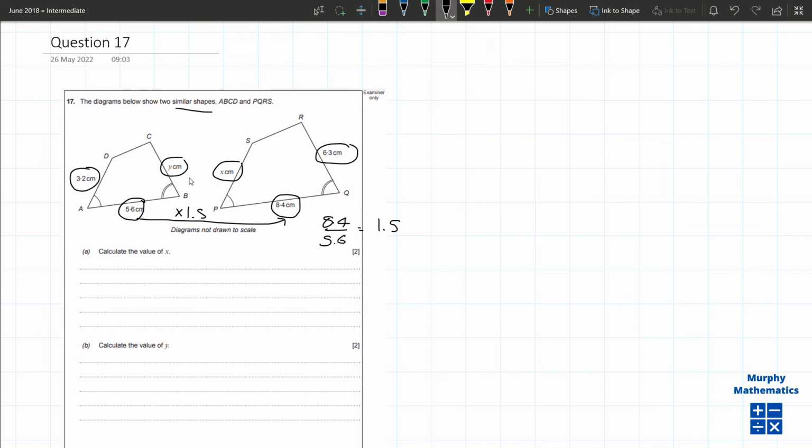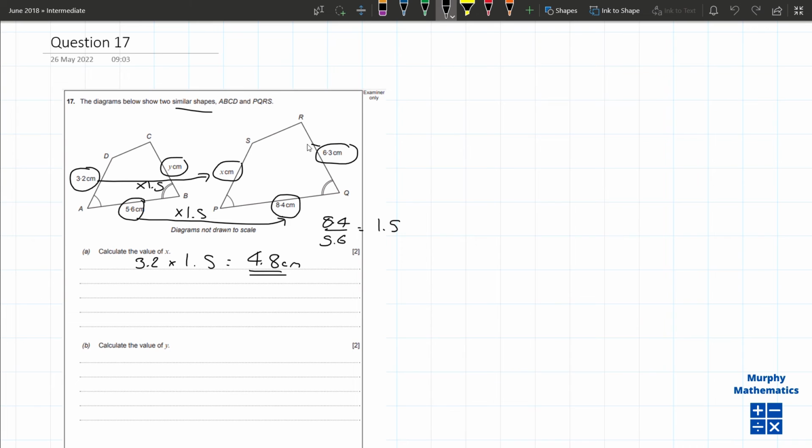So to find x, x would be 3.2 times 1.5 equals x. We can put that in our calculator, and that's 4.8 centimeters.